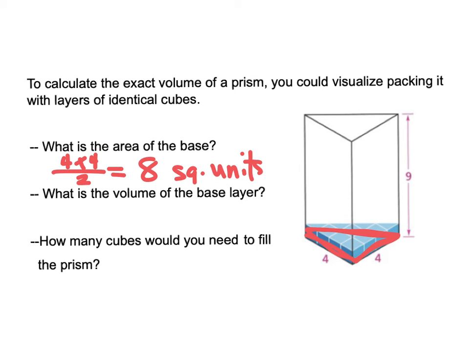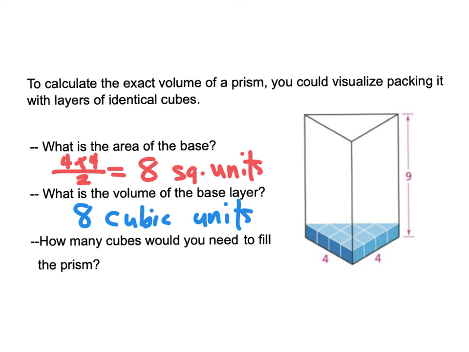Now, when we think about volume, we think about placing cubes on that bottom layer. So the number of cubes that would fit on that bottom layer would be 8 cubic units. So the base layer has a volume of 8.